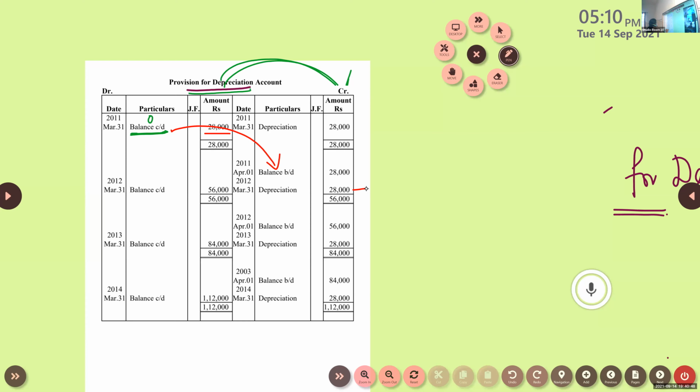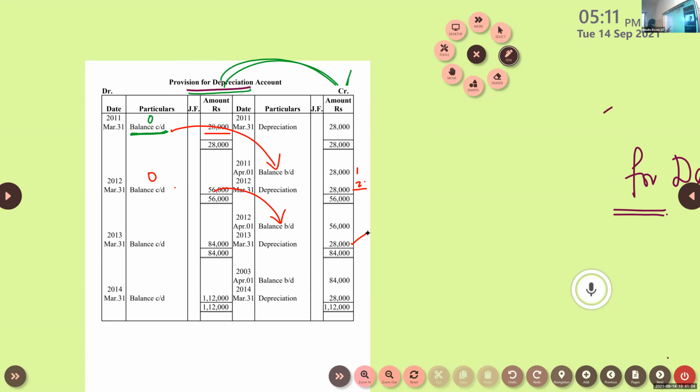Okay, so now what happened? We have two amounts here. Nothing is there here, 0. Add this to 56,000. Balancing figure comes here, 56,000. Bring this 56,000 here. Again, in the third year, you are charging depreciation. 28,000 is charged. Together, it becomes 84,000.